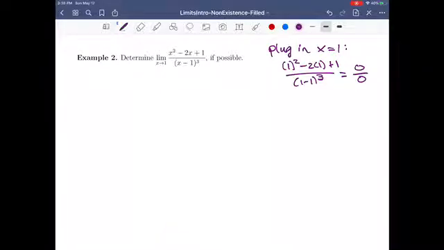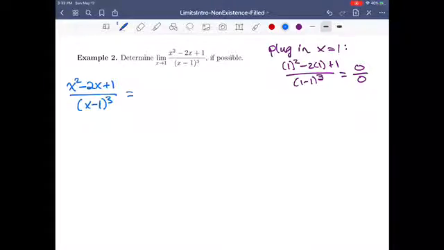That tells me I need to do some more work. Let's think about the function inside. Can I rewrite this? It turns out that we can factor the top, and it's actually a perfect square. It factors as x minus 1 all squared.